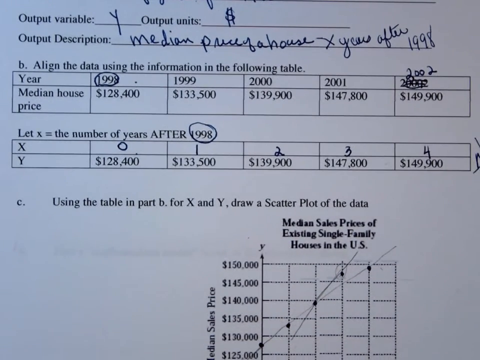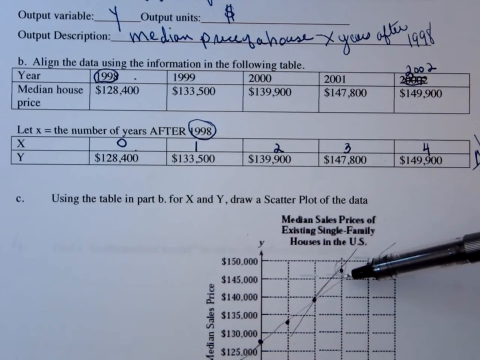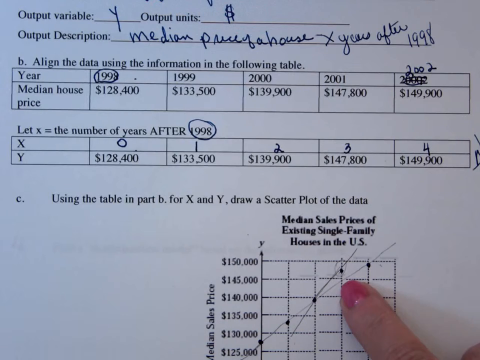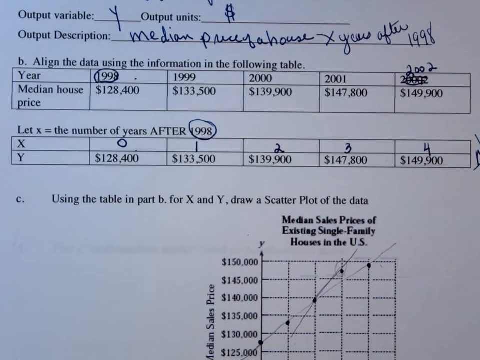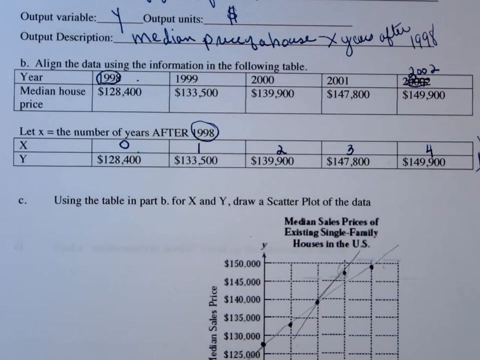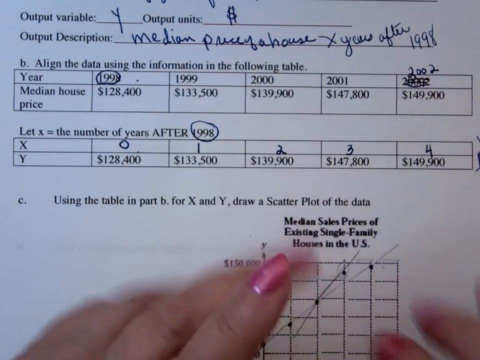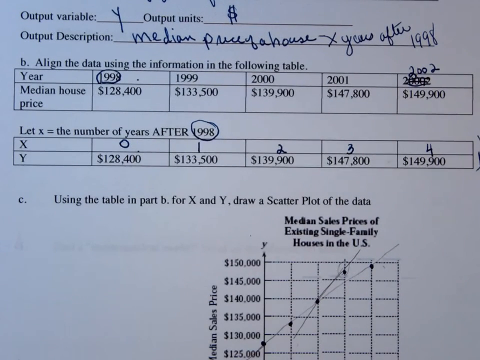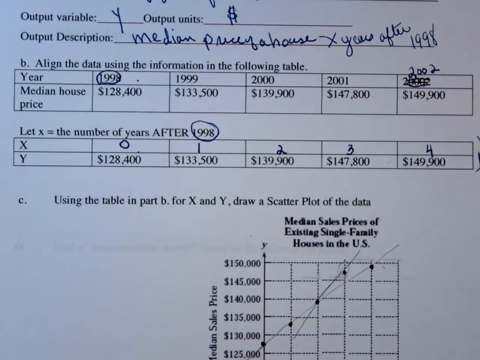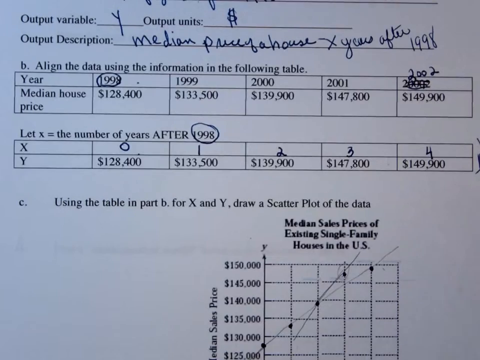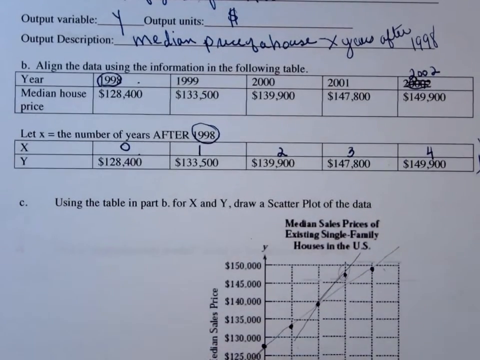What a linear regression does when we hit our calculator is it makes the adjustment for this point, and that means our line's going to be slightly off, could be good or could be bad, but it kind of evens it out just a little bit. And it's called a line of best fit. In order to put a line in there, it says what's the line that best fits that.